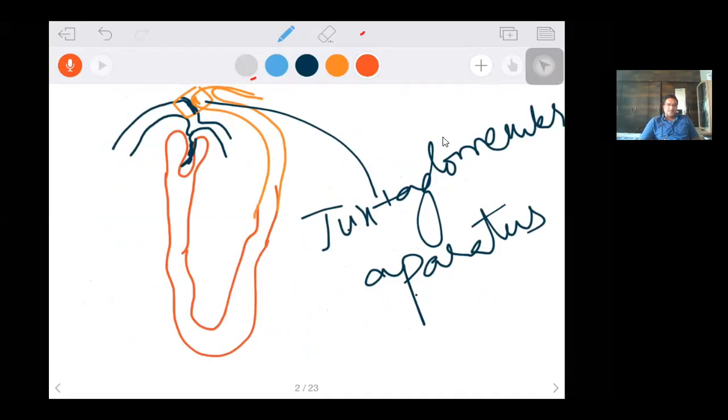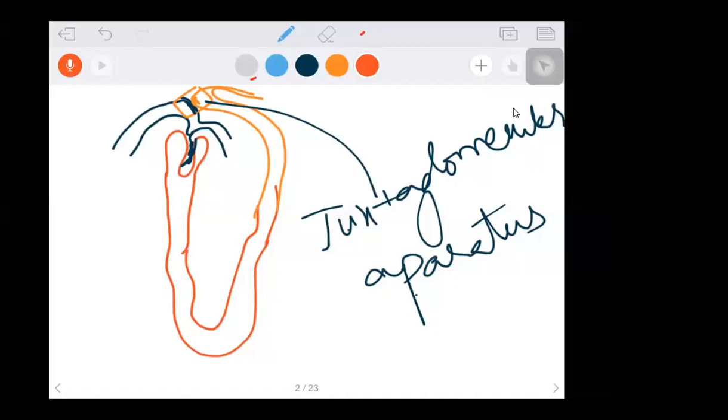Because this is a little bit complicated item, I am repeating the juxtaglomerular apparatus again for you. In the juxtaglomerular apparatus, there is a connection between the afferent arteriole and the distal convoluted tubule. The participants here are the afferent arteriole from the blood vascular system and the DCT from the nephron.